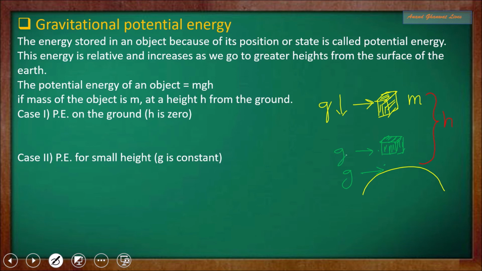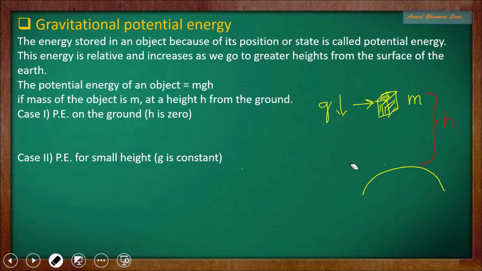So formula of potential energy is mgh, and therefore g does not change on the surface of the earth. g remains constant, rather the height changes. Certainly height changes to a very small extent, but g is constant here.